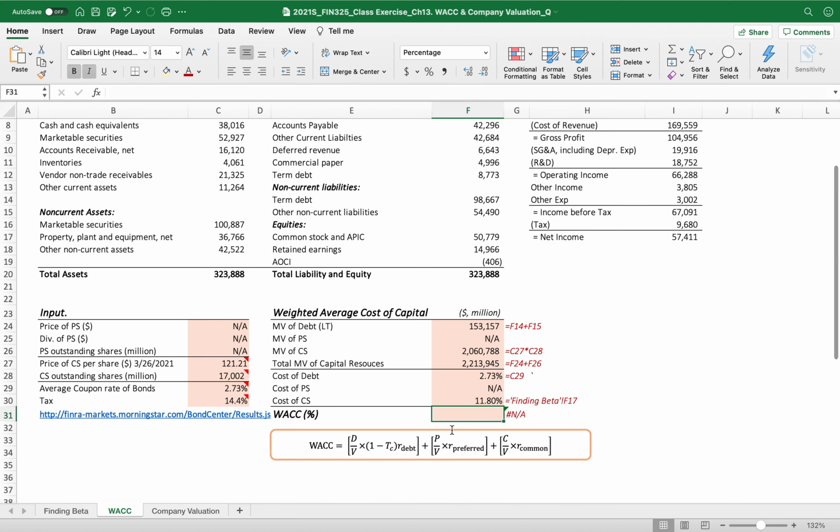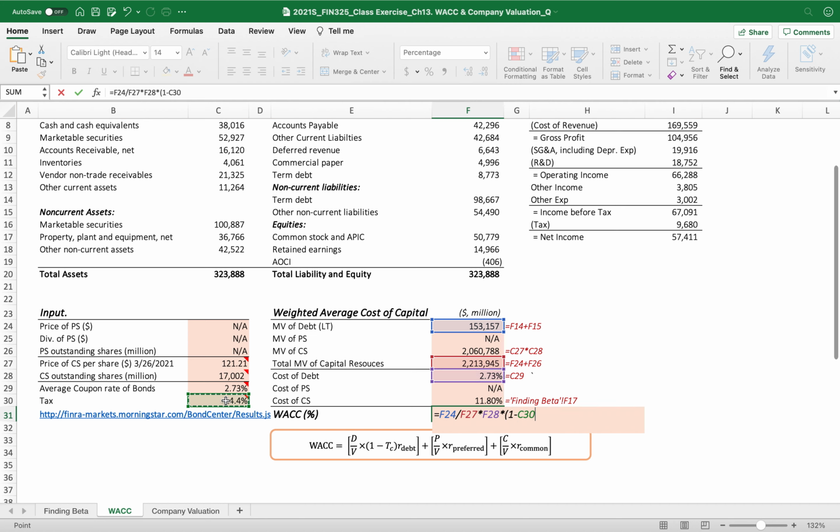And then finally, let's calculate the proportion of debt times the cost of debt times 1 minus the tax rate. Then the portion of the common stock times the cost of common stock, which is not tax deductible.